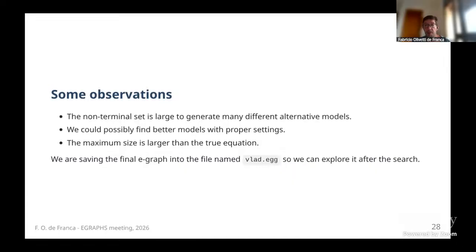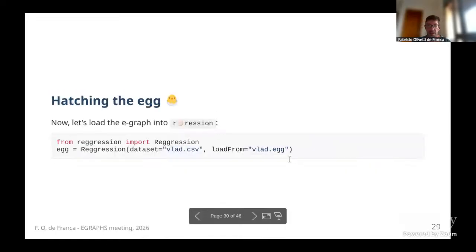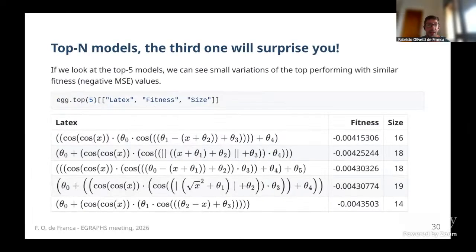So essentially what I did here was run this algorithm and store the final egraph into this file, flat.egg. And then I can start up the regression library and create this egraph in memory. And one obvious thing that I can do, of course, is nothing special. I can, for example, retrieve the top 5 expressions, and it's going to return something like this. The expressions as LaTeX code, the fitness function, and the size of the expression.